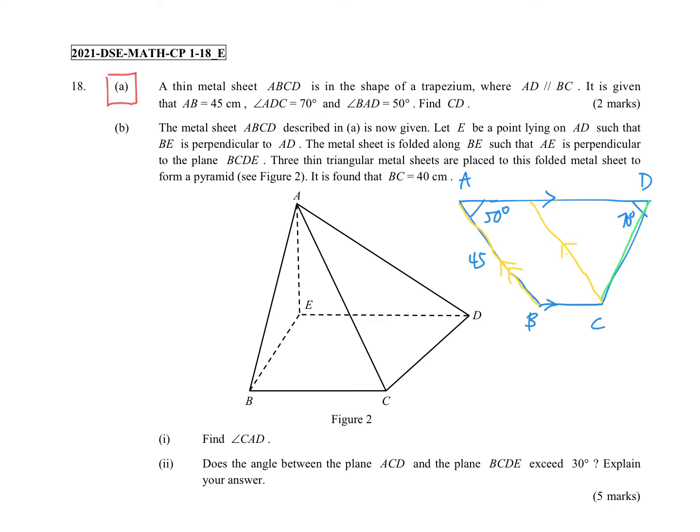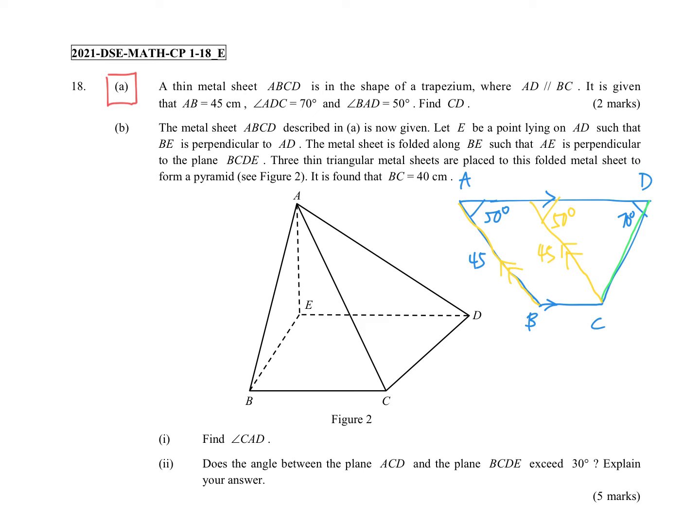Of course. Good. And then I call this point as E maybe. Oh no, not E. Maybe F, because E will be used in the next one. Now this one is also 45, and this one is 50.